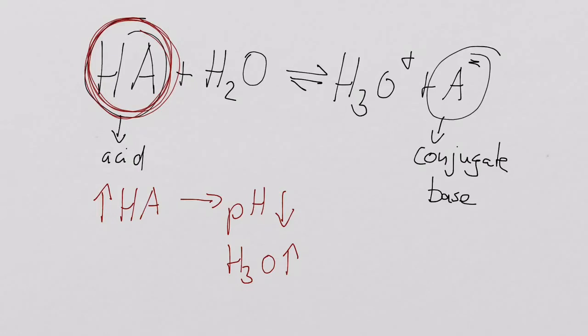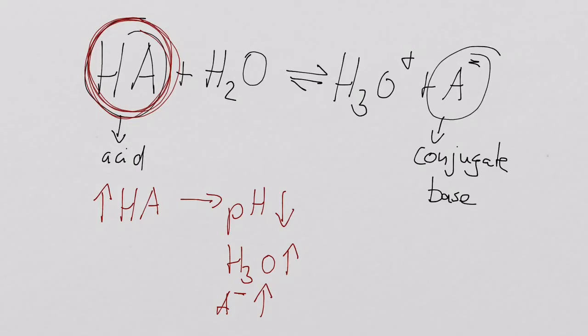The equilibrium wants to escape the force. That's called the principle of Le Chatelier and Brown. It wants to evade this pressure from the HA. What happens to the A minus? A minus increases as well. Exactly. So just by increasing the HA, a lot of stuff is going on.